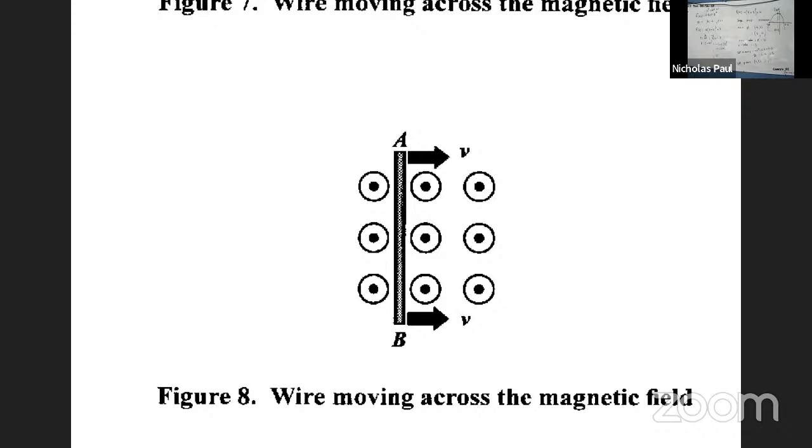So your middle finger is going downwards, so you're going A to B. What direction is the force moving in? Left to right, my thumb pointing left to right. What direction is the magnetic field? Out to the TV. So your middle finger is pointing down.